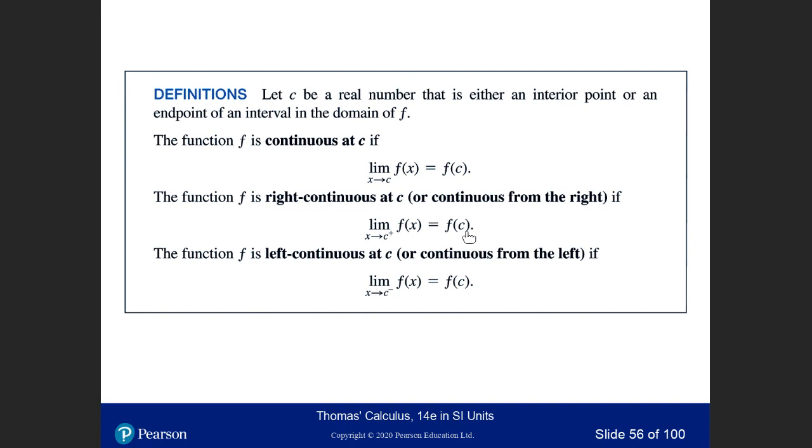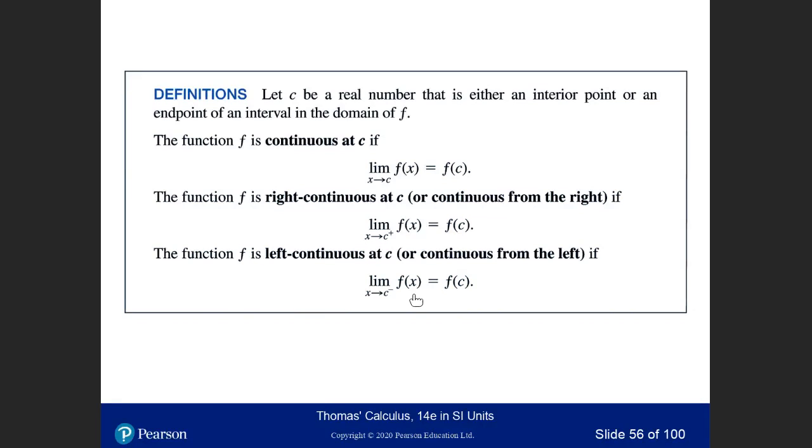And the function is said to be left continuous at C, or continuous from the left, and we write this. So when you approach C from the left-hand side, you must have a limit, and this limit must be equal to the value of the function, f of C. So that's the basic definition of continuity of a function at a certain point.